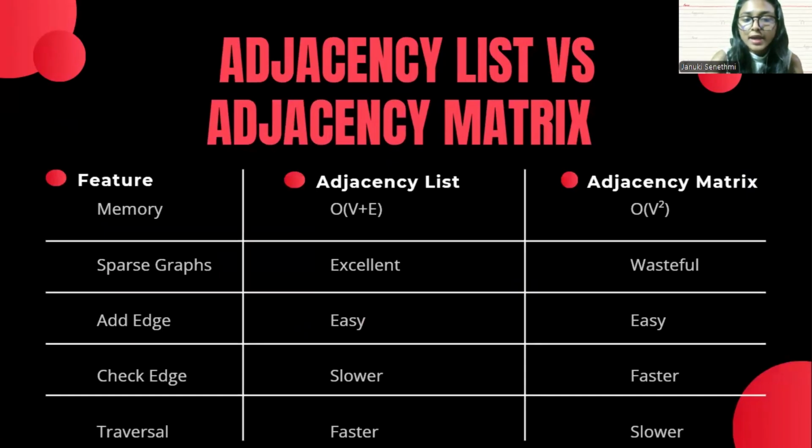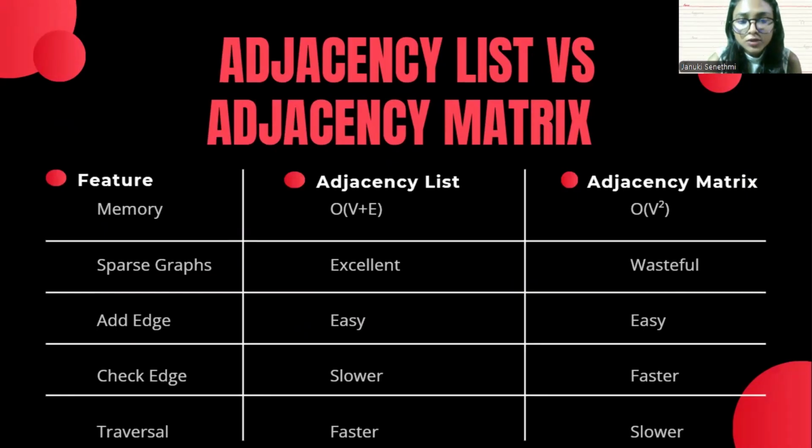Now let's compare adjacency list with another graph representation called the adjacency matrix. An adjacency matrix uses a table or two-dimensional array to represent connections between vertices. Each cell contains either a 1 or a 0. A value of 1 means an edge exists, while 0 means no connection exists.